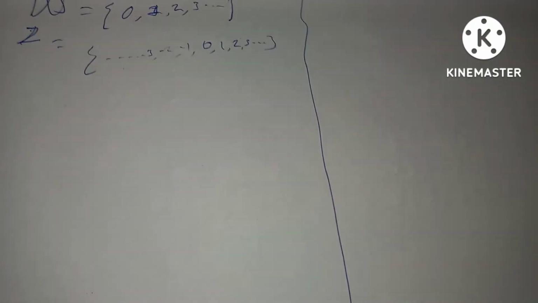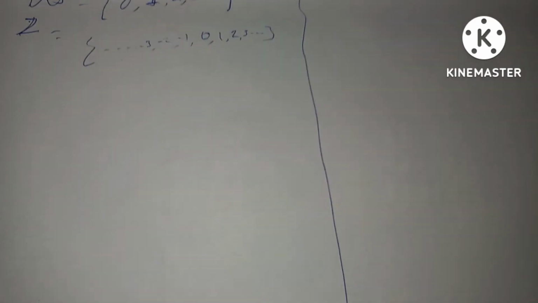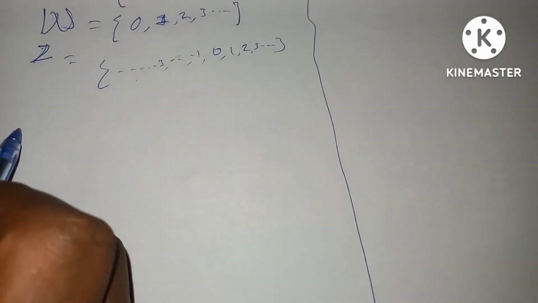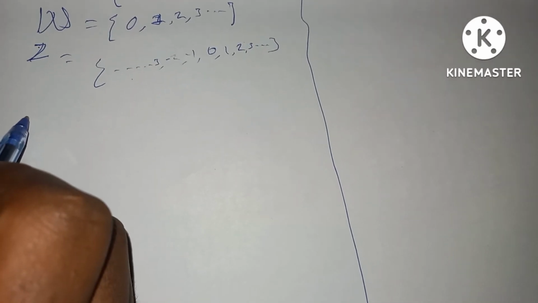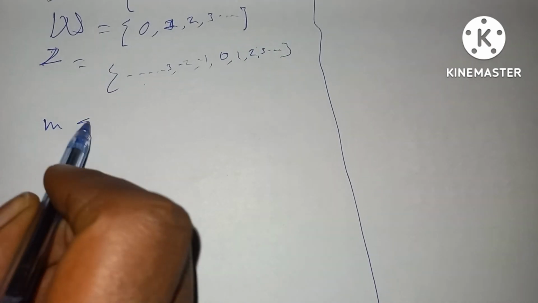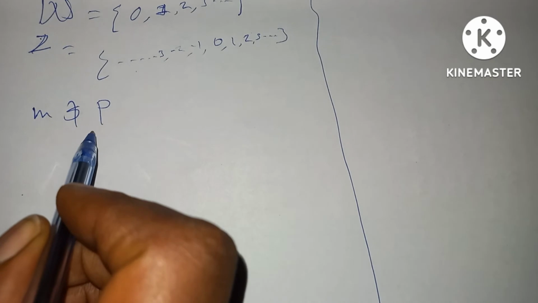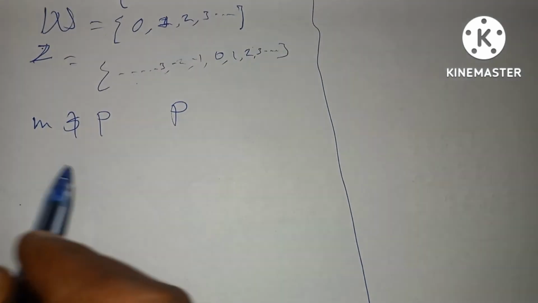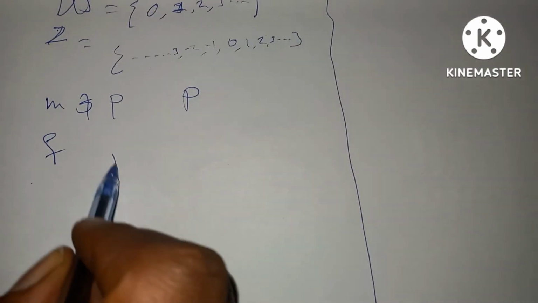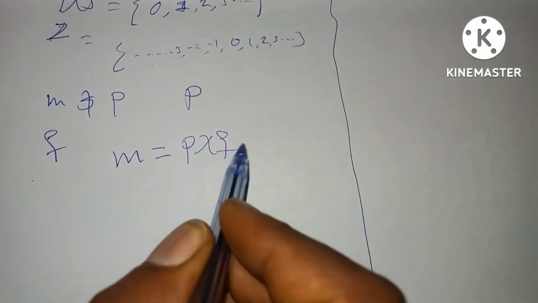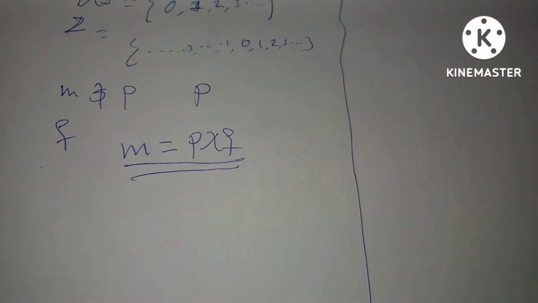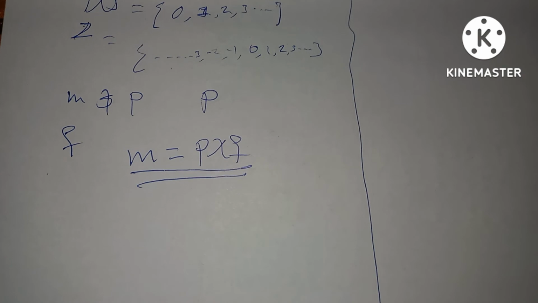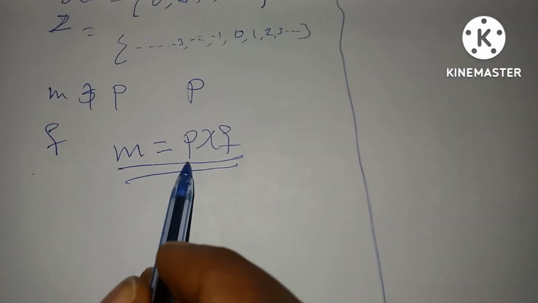Okay students, given two natural numbers m and p, m is called a multiple of p if there is a natural number q such that m = p times q.